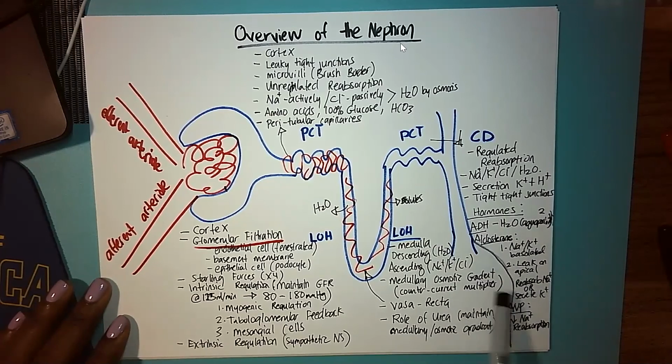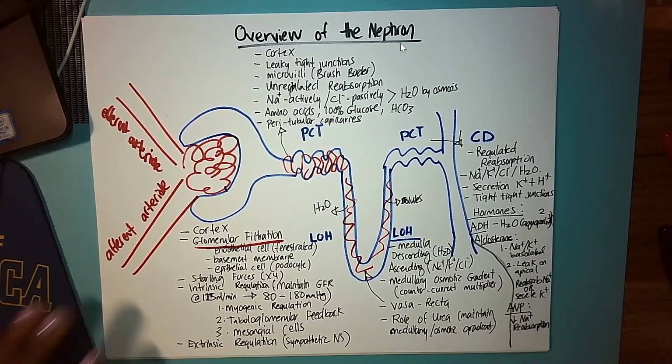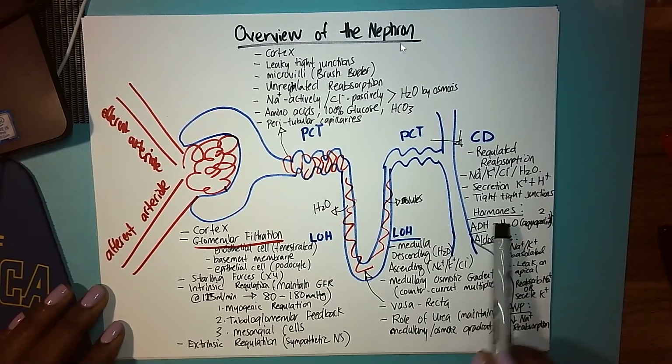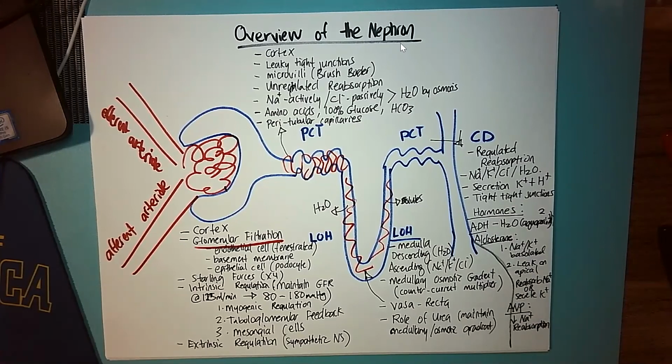Although aldosterone has a main role of influencing sodium, of solute reabsorption, it has a secondary role of reabsorbing water. So it has a hand-in-hand role with ADH. And ANP will also have a secondary role of influencing water reabsorption, as well as influencing sodium reabsorption.